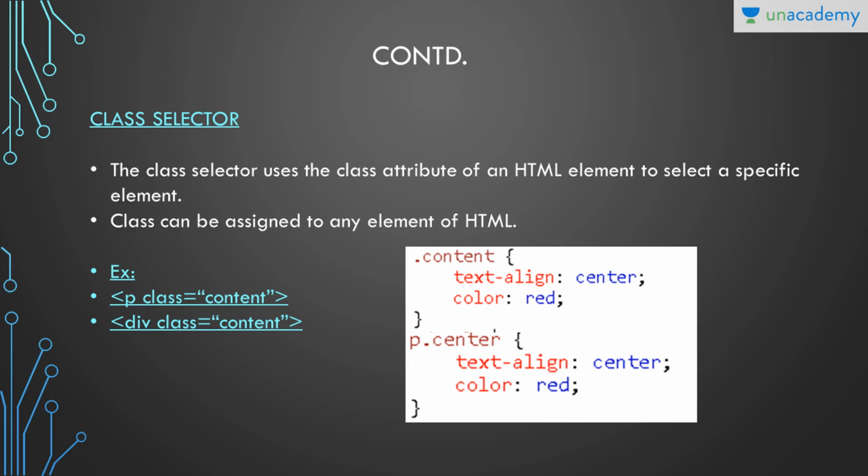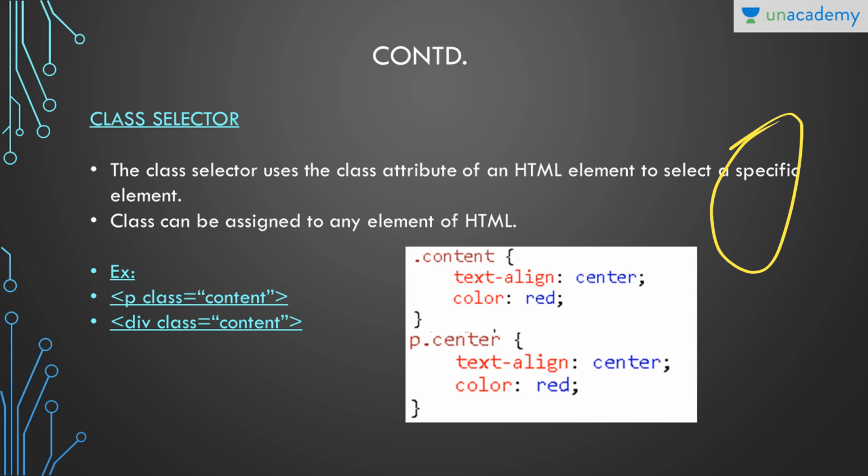Our third selector is the class selector. Well, the class selector uses the class attribute of an HTML element to select a specific element. Okay, there's no need for a class to be unique. Okay, we can also use the same class with different elements.